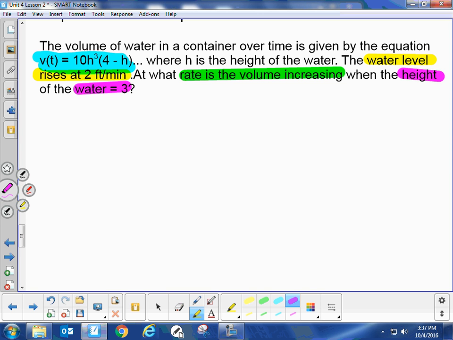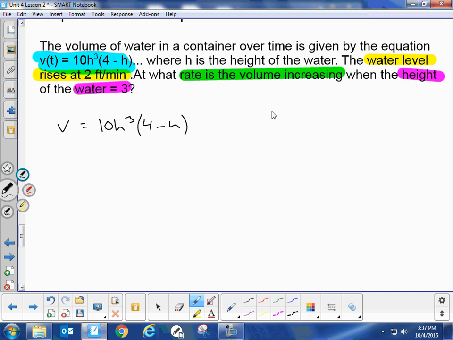Now, step 1 is to make sure I have all the information extracted out of the problem, written down using calculus notation. We already have the formula, which is nice. Just write that down again. I would say V, or V of t, is equal to 10h cubed times (4 minus h). Water level rises.